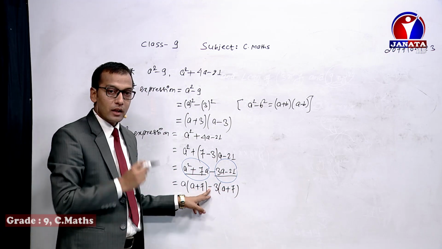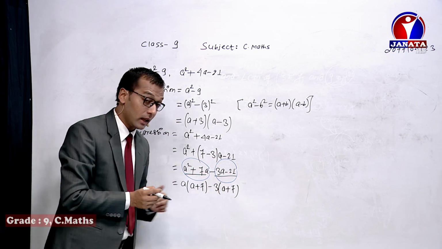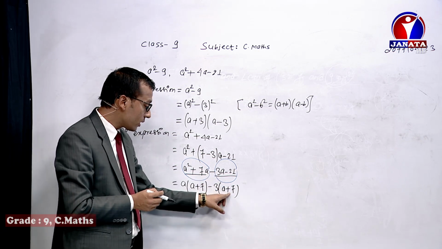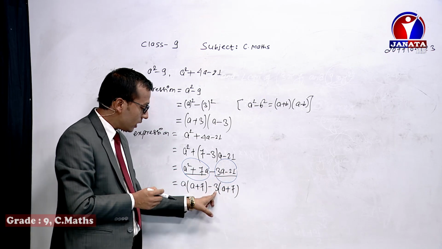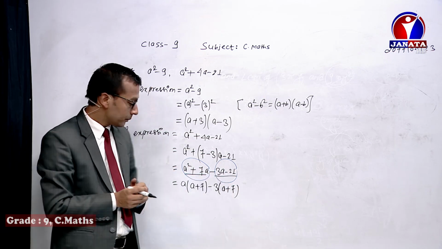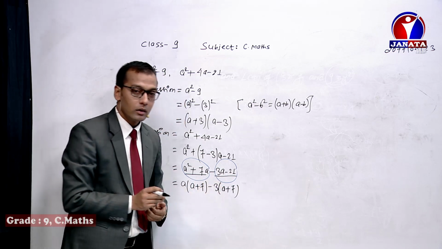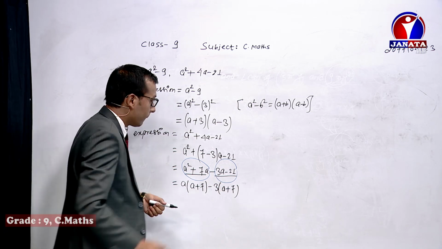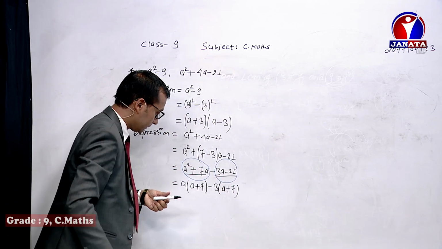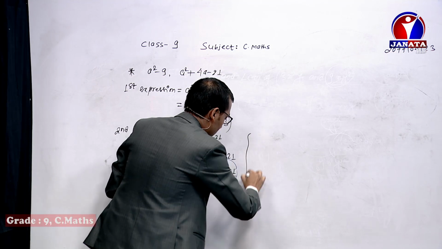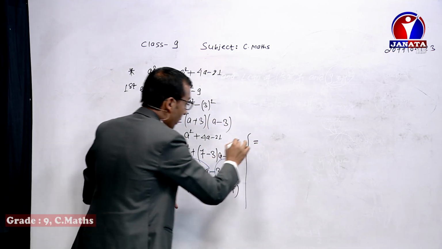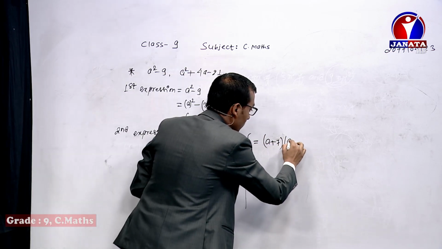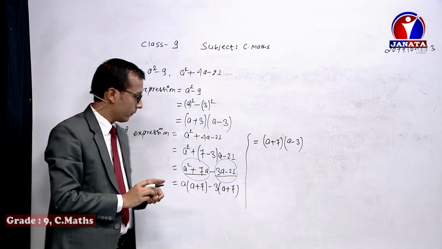After taking the negative sign common, we need to change the sign in the bracket, because minus 3 times a is negative 3a, minus times minus becomes plus, so 3 times 7 is 21. Again, now we can see in the bracket there is one common factor which is a plus 7. Let's take this factor common. This is equal to a plus 7 times a minus 3.